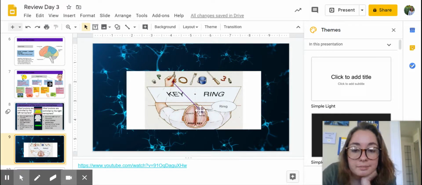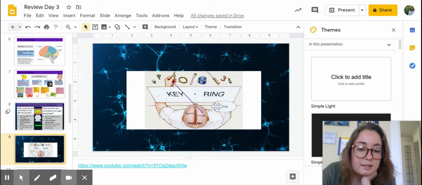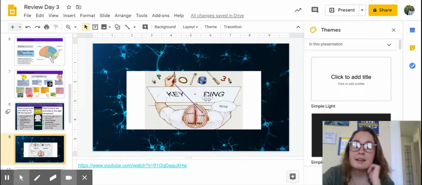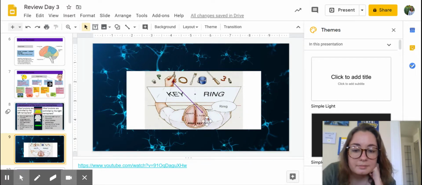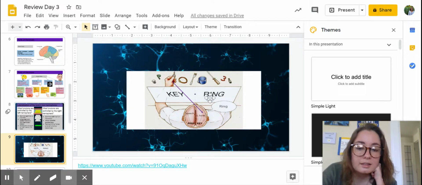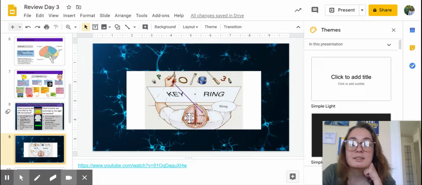So here, he is saying the word ring. And that's because from his right field of vision, he is seeing the word ring. And we know that since it's on the right field of vision, it's getting processed in the left hemisphere.